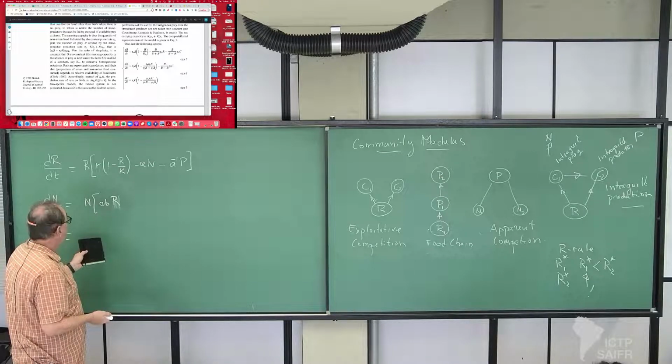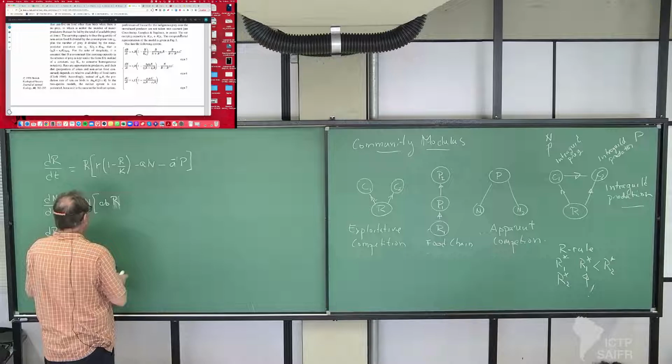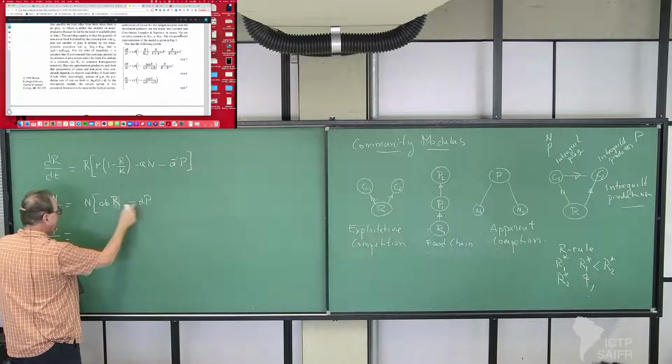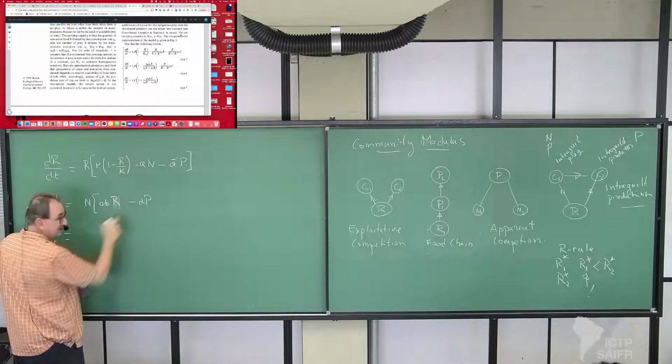Well, that's not all of the life of this guy, so it has a natural death rate, and there's predation, so there will be alpha N times P, minus some natural death rate, which I call m.